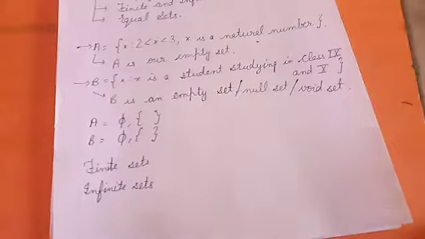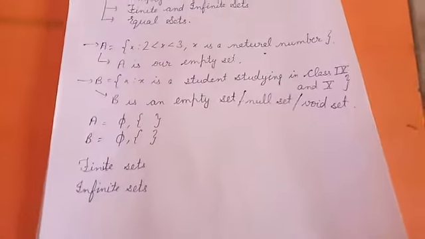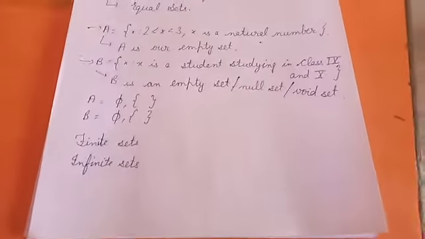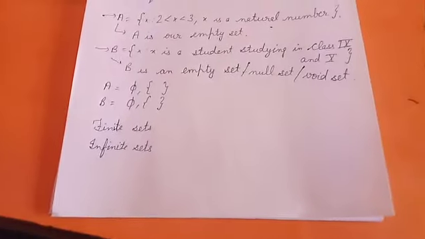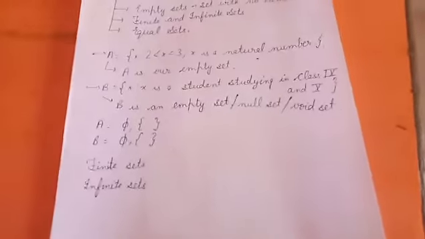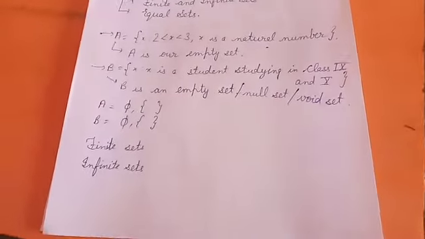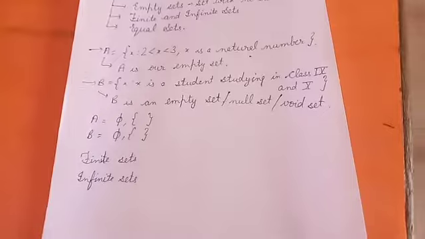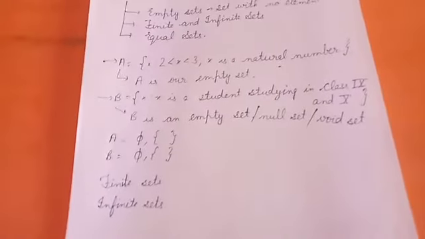Finite sets are the sets which have a finite number of elements in them. Finite means it can be counted by you, and infinite sets contain elements which we are not able to count.